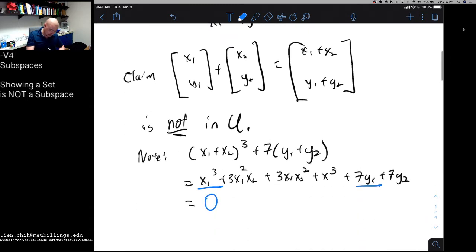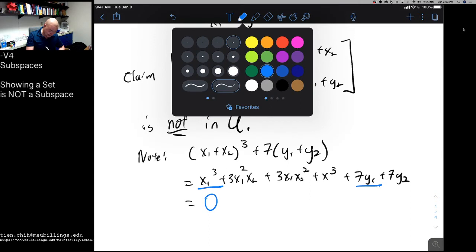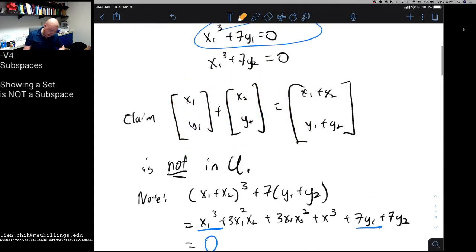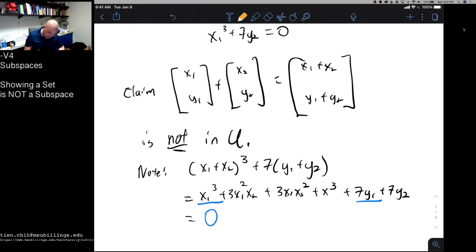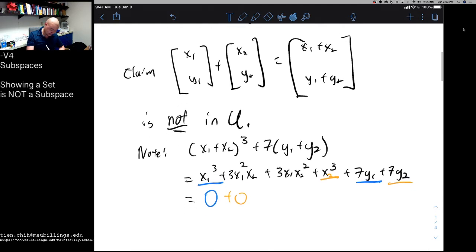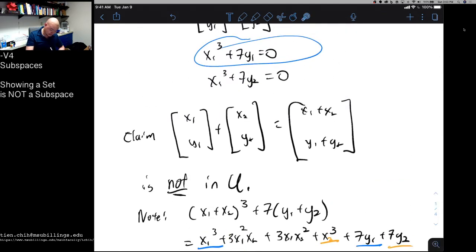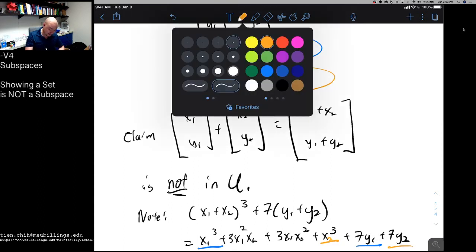Then, lurking about over here, I have an x2 cubed and a 7y2, and that's also 0, again because of this fact here, so I can go ahead and circle that.